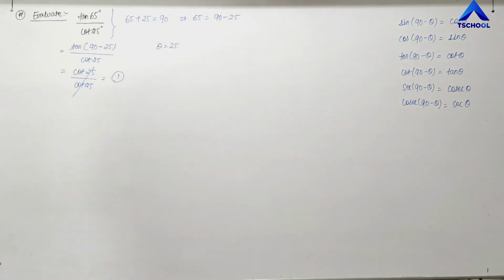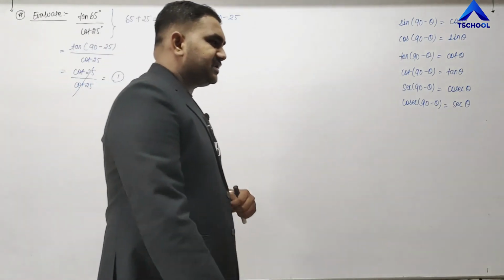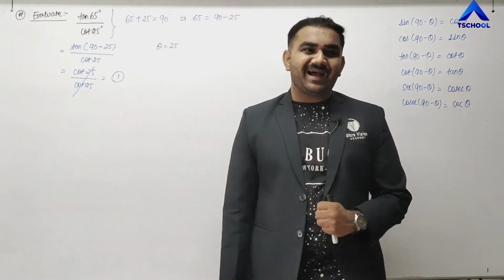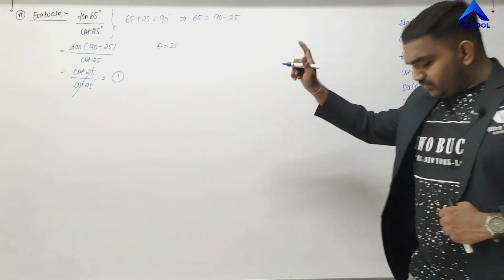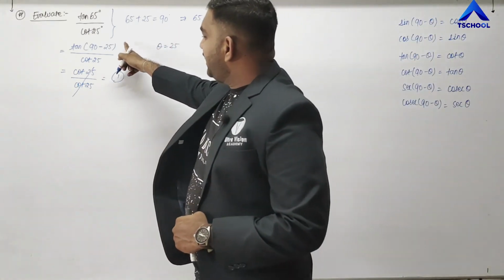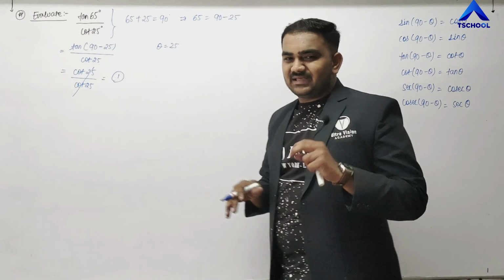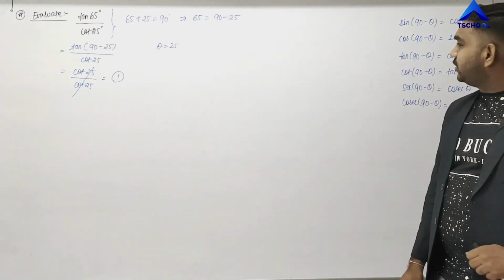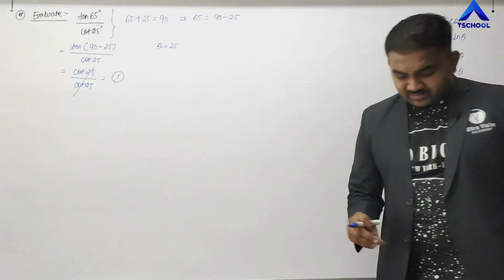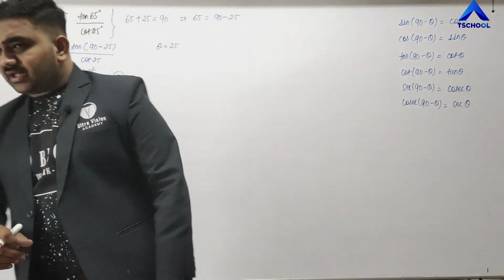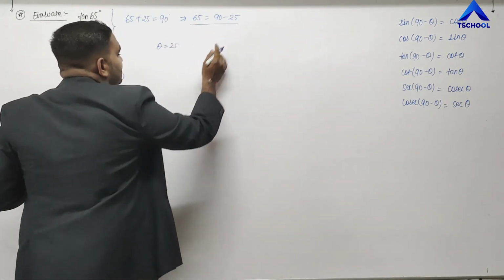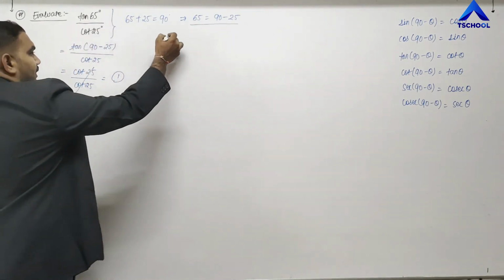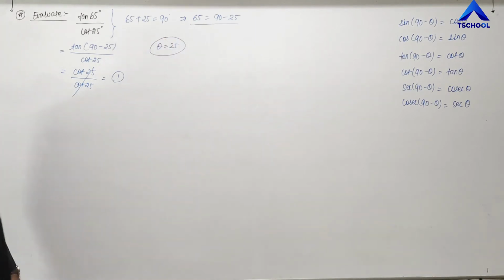Again, whenever this type of question is asked, you will take the numerator and keep the denominator as it is. So we will do whatever we want in the numerator only and not in the denominator. In the numerator we had tan 65 degree, and that 65 was written as 90 minus 25, assuming 25 as our theta.